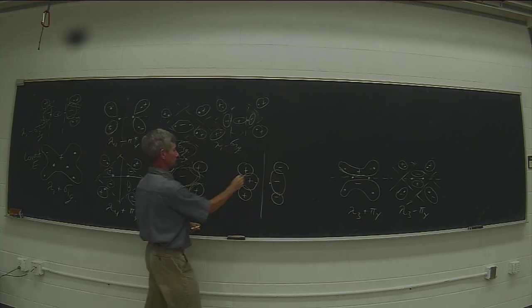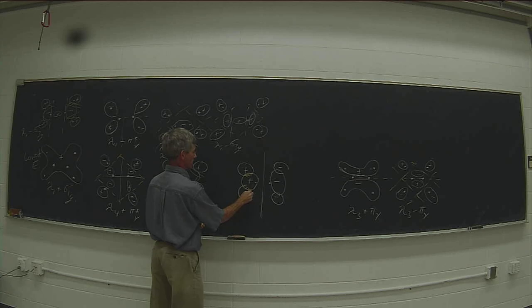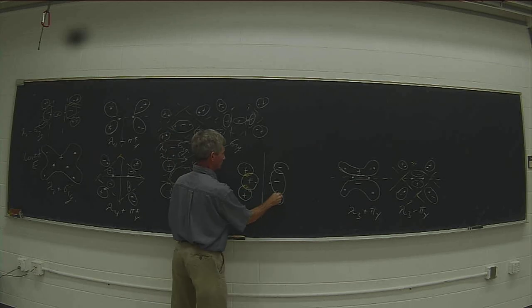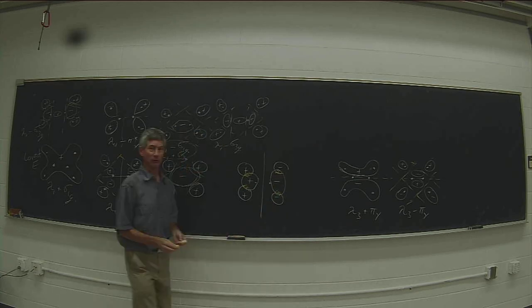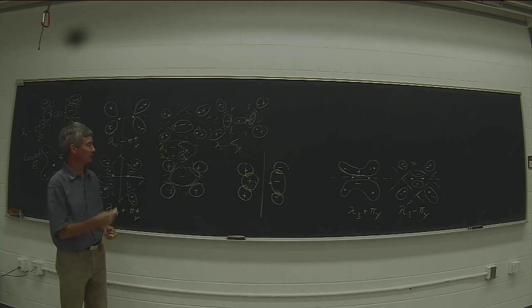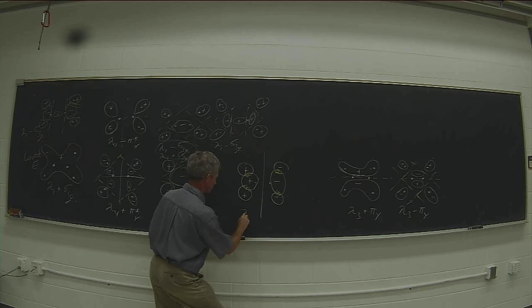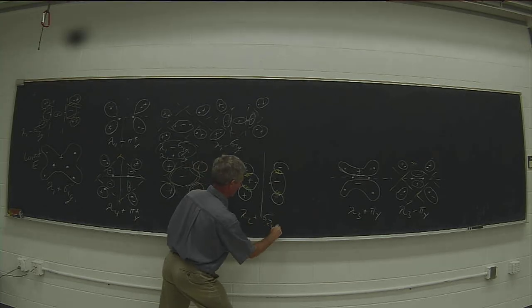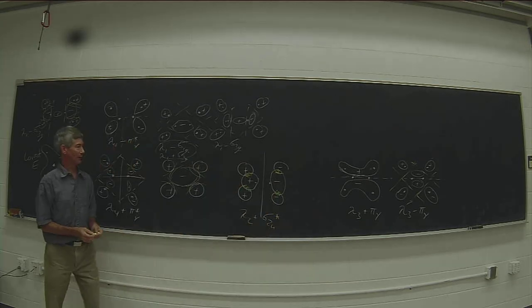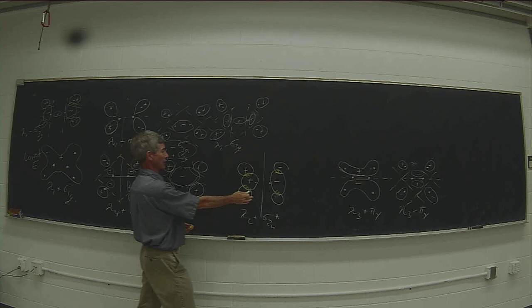We get nice constructive interference here. So it's bonding with respect to all the carbon-hydrogen bonds, but anti-bonding with respect to the carbon-carbon bond, because we still have that same node.